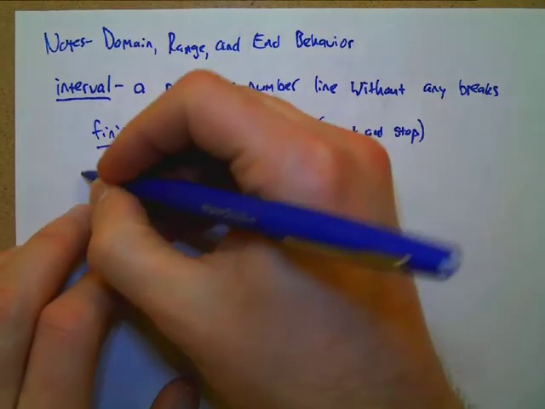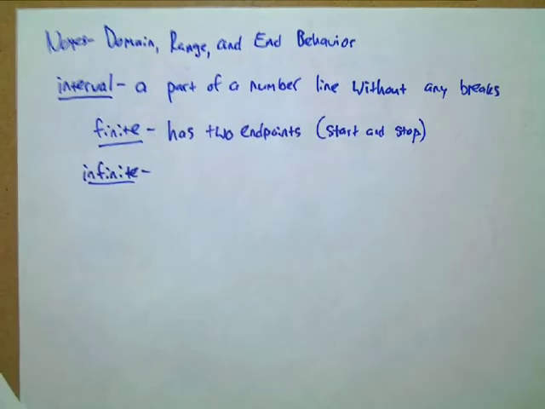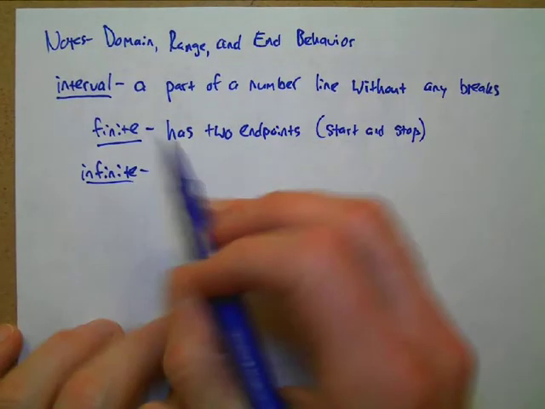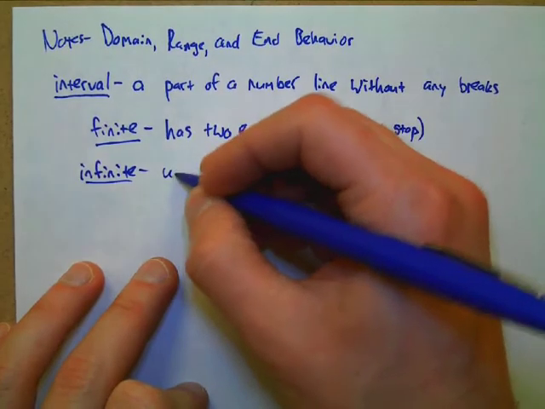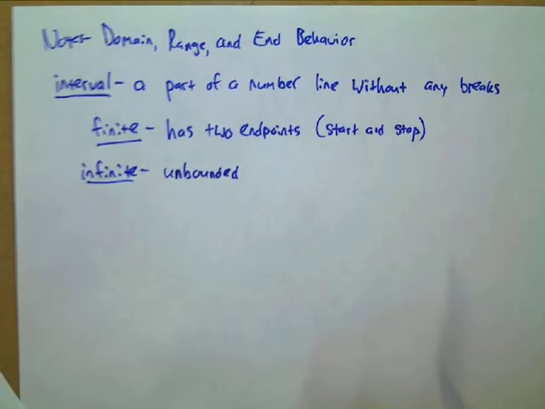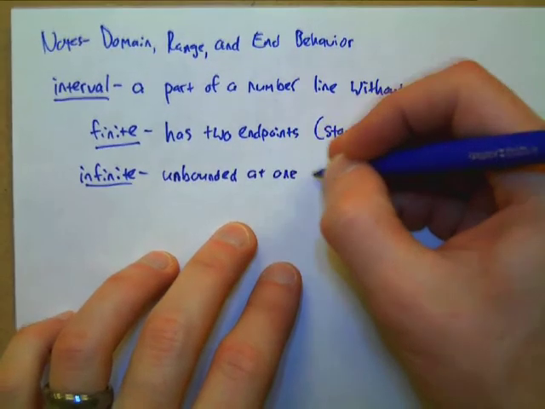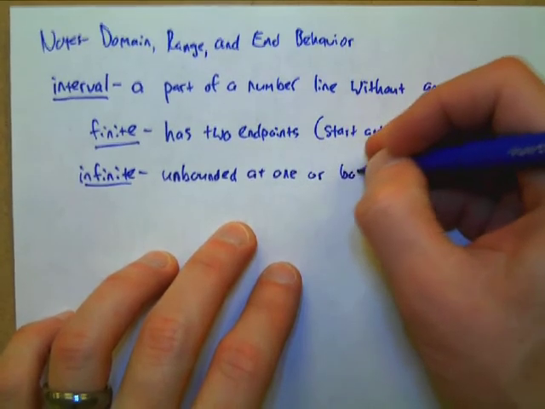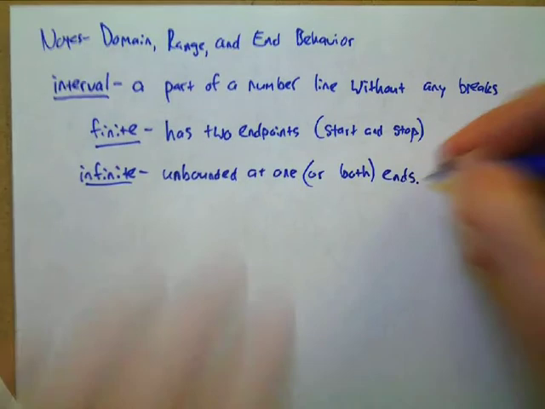Infinite. We slap an IN in front of it there. So finite has two endpoints. Infinite is unbounded at one or both ends.